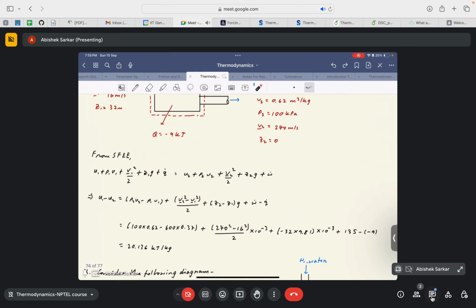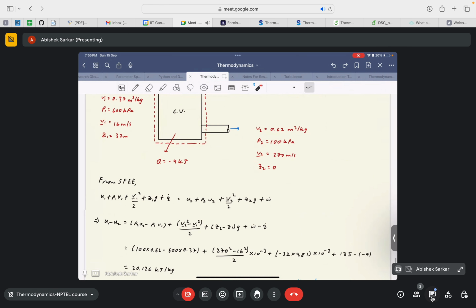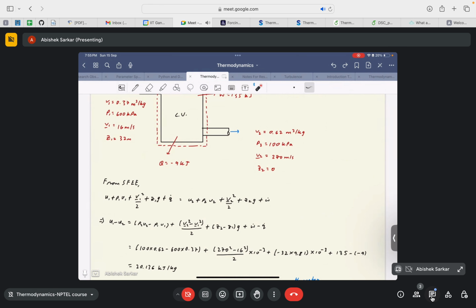So P2 would be 100 kilopascal. If I just zoom out a bit, P2 is 100 kilopascal. 100 into 0.62 specific volume minus 600 into 0.37. Then V2 is 270, so 270 square minus 60 square, divided by 2, into 10 to the minus 3.